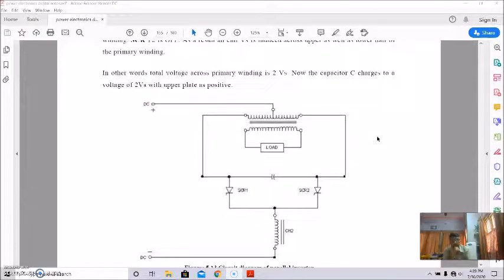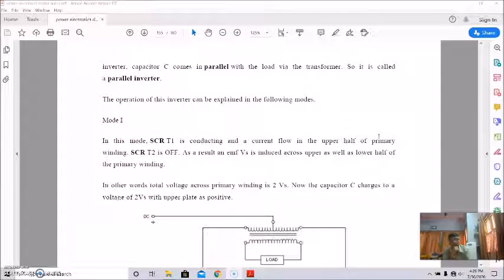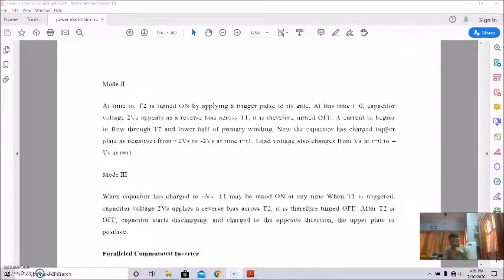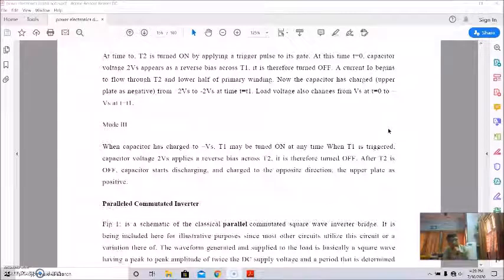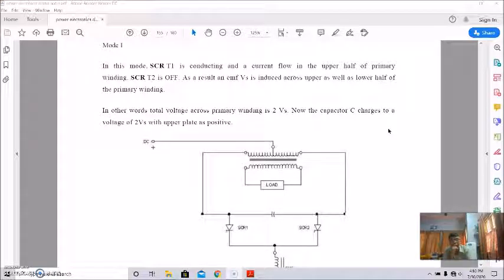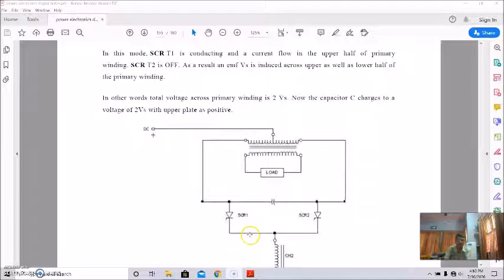Here the operation of this inverter has modes: mode 1, then mode 2, mode 3. In the first mode, HCR1 is conducting and the current flows in the upper half of the primary winding.